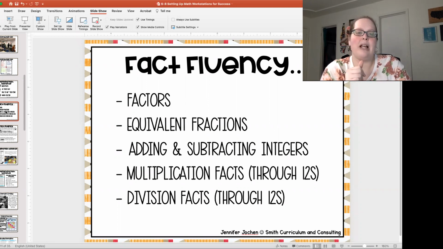If you look up what fact fluency is, it actually includes factors, equivalent fractions, adding and subtracting integers, multiplication and division facts through 12s. These are things that our students struggle with beyond middle school. As a 7th and 8th grade teacher myself, I had students who could not multiply, who could not tell me what 5 times 6 was without going, okay, 5 times 5, 10, 50.